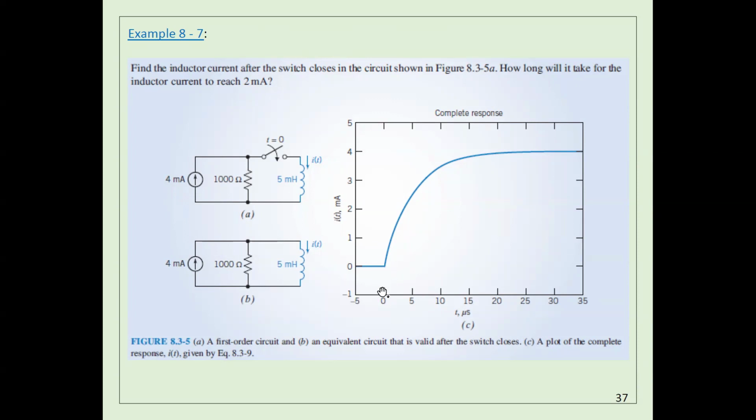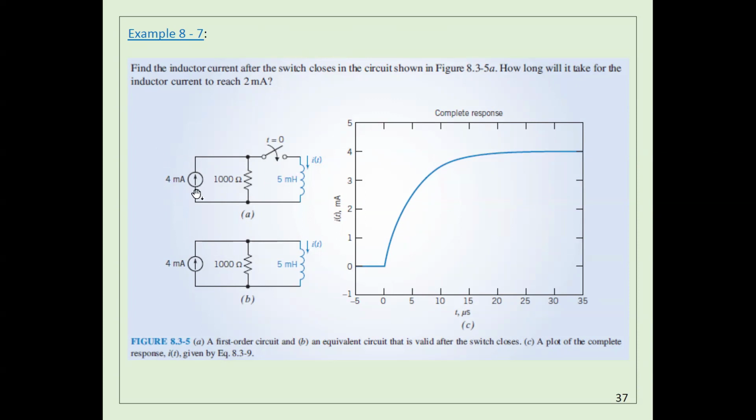If you draw it, you can see here, in the very beginning, the current was 0 initially, and at time equal to 0, we close the switch. At this time, you can see the current is increasing until it becomes 4.